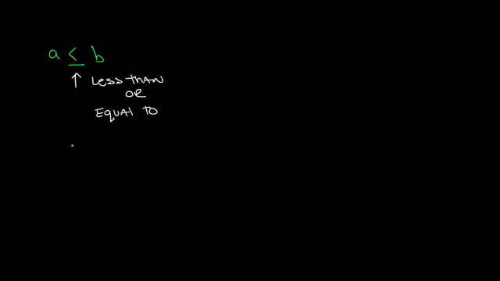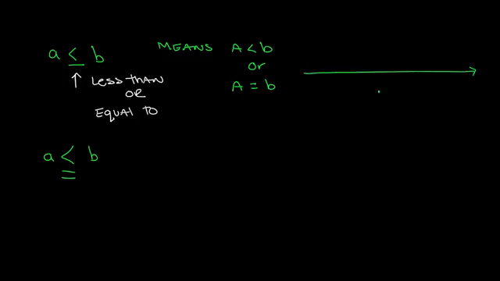In some sense, you really should put 2 for less than or equal to, and every now and then you'll see A is less than and then the equal sign of B, but almost always you see less than and 1 line under it. What does this mean? This means that A is less than B, or A equals B. So it's literally just a shorthand. In terms of the real number line, if this is B here, A less than or equal to B means either A is less than B, which means A is somewhere here to the left of B, or A is plopped right on top of B, and A equals B.